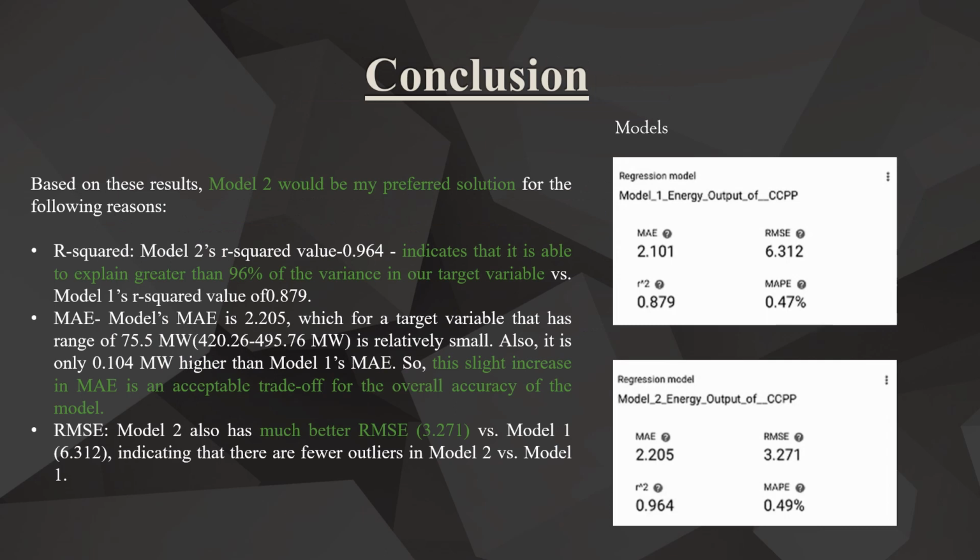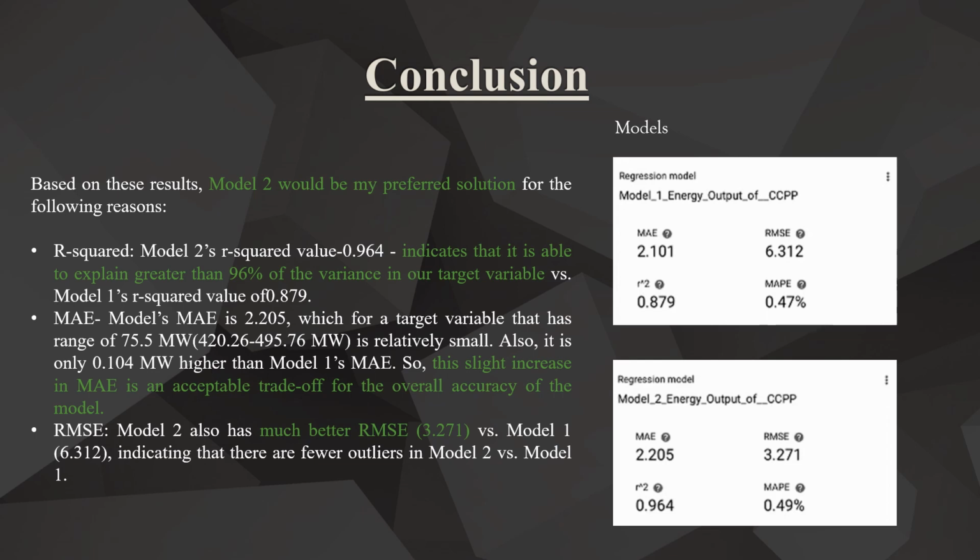In conclusion, I believe Model 2 would be my preferred solution for the following reasons. Firstly, it has a much better R-squared value, and the model is able to explain 96% or greater of variance in our target variable compared to roughly 88% in Model 1. Model 2 has a slightly higher value of mean absolute error by 0.104 megawatt compared to Model 1.